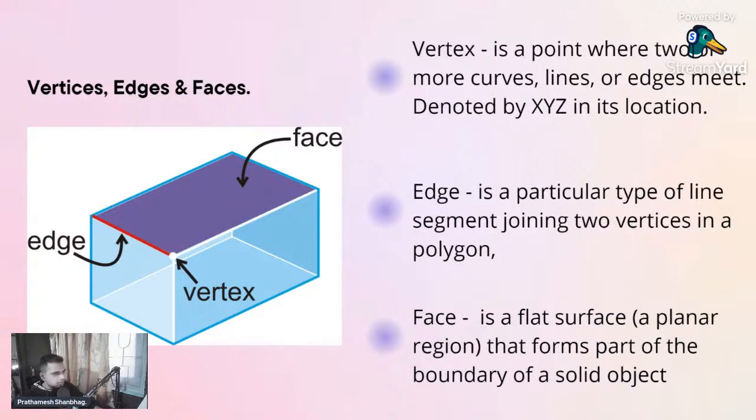A vertex is a point, and that point can be expressed in terms of x, y, and z coordinates. Pretty simple. Two vertices connected by a line is an edge, and where an entire object's face is on the polygon, it is called the face.